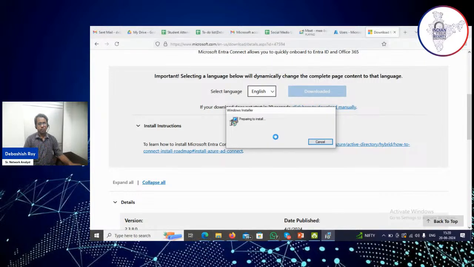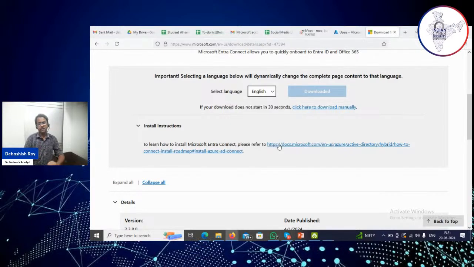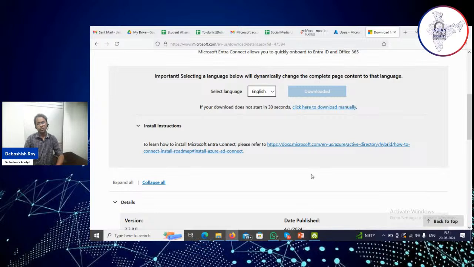Although on this base PC it will not be installed, because it is supported only on the Windows Server operating system. Windows 10 and Windows 11 clients don't have the AD, so it will not be installed here. You can see the setup coming, but you cannot install it because it's a client OS.